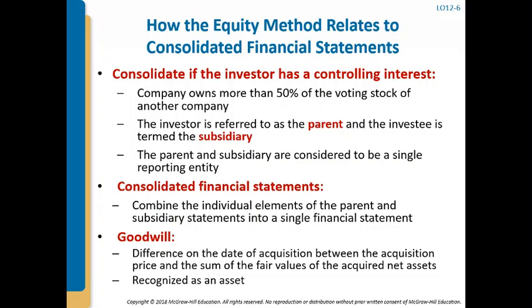Any goodwill, which is the difference on the date of acquisition between the acquisition price and the sum of the fair values of the acquired net assets, is reported on the balance sheet of the parent as an asset and remains there unless there is an impairment. The goodwill is not amortized.